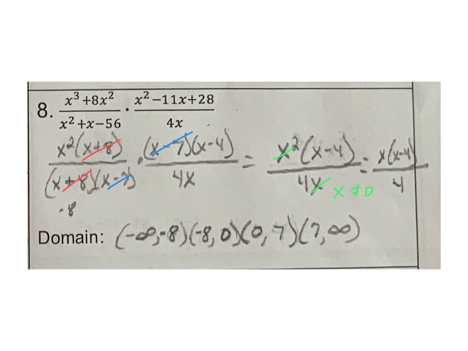So we have to consider all of these. We have to consider the negative 8, the 7, and the 0 that would not be part of the domain. So negative infinity to negative 8, negative 8 to 0, 0 to 7, and 7 to infinity. Okay, and that's just the review of numbers 1 through 8.